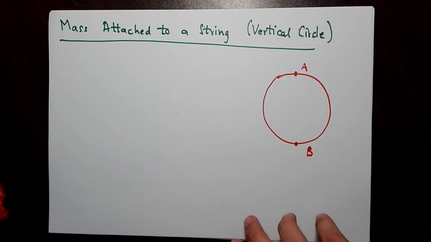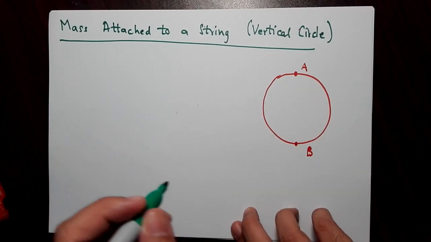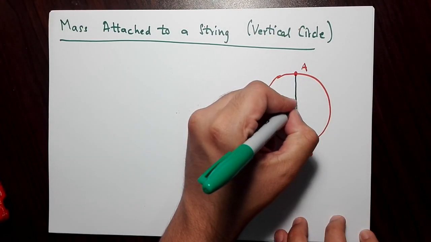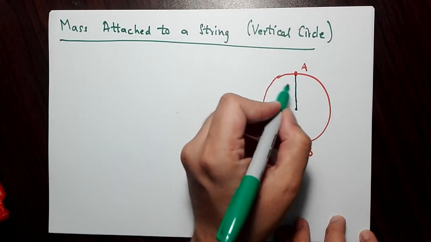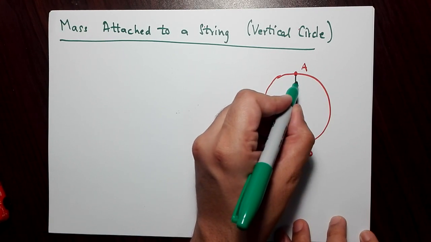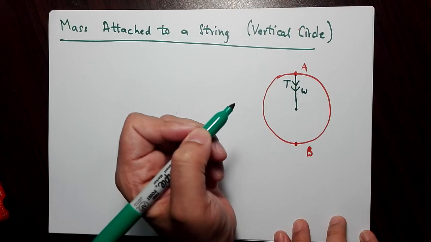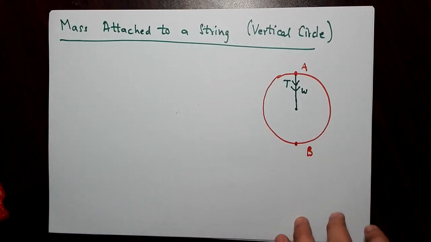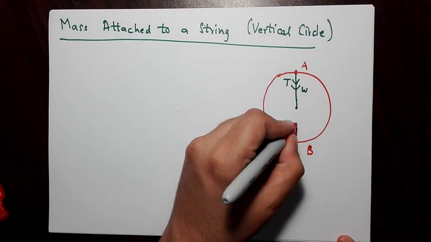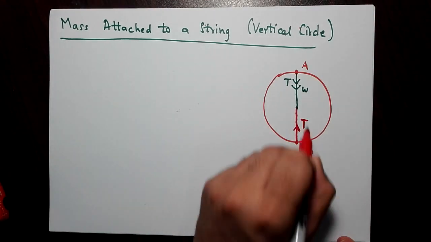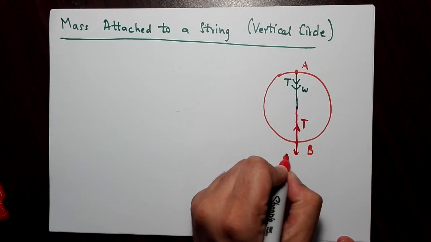At the top, the mass is attached to the string, and there is tension along the string, and the weight of the object is also down. At the bottom, the tension is still along the string, upward, and weight is down.